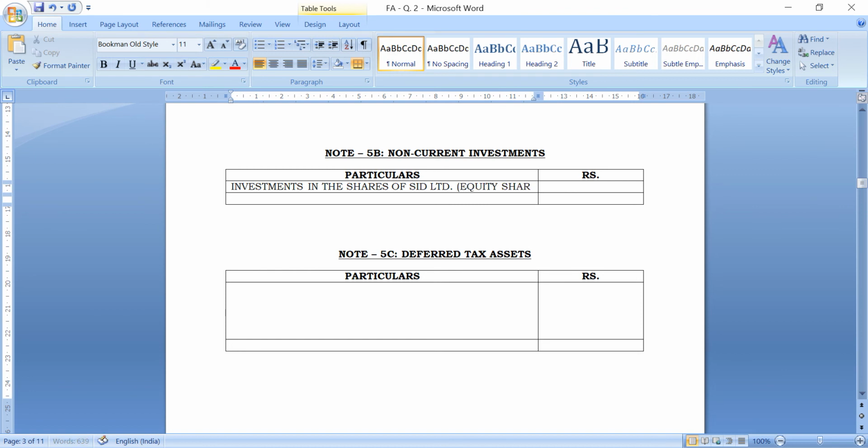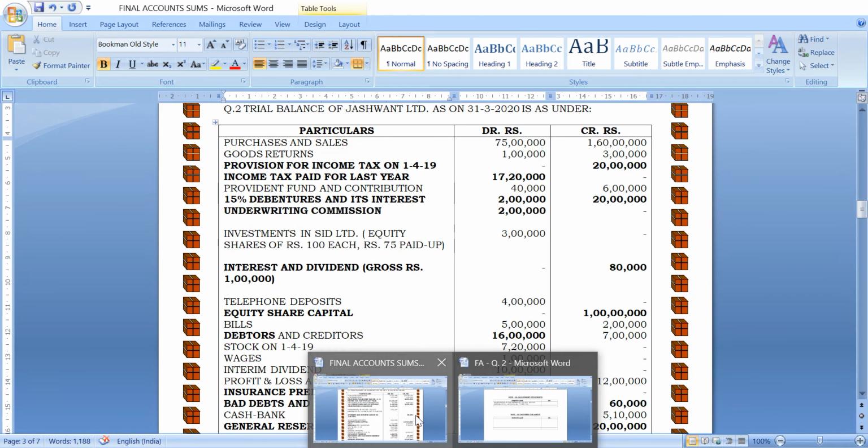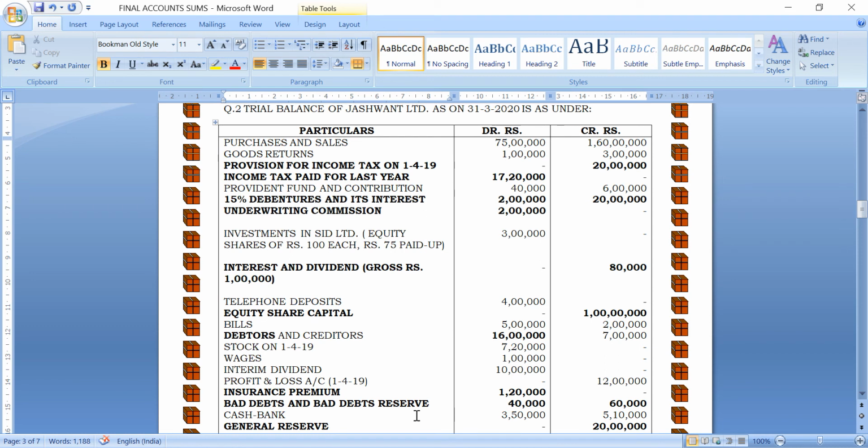Equity shares of rupees 100 each, rupees 75 paid up. You have to show it in bracket. And what's the amount given? It is 3 lakhs.